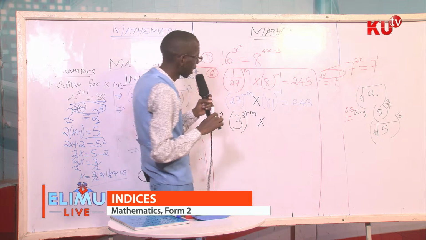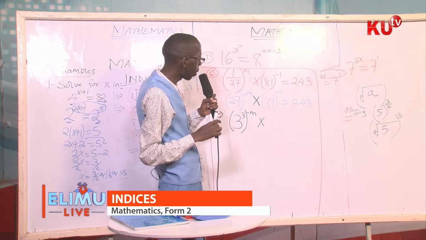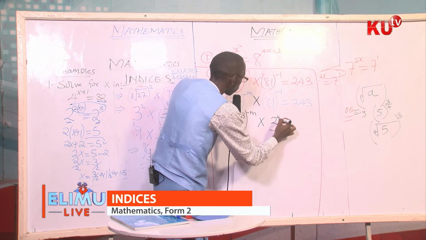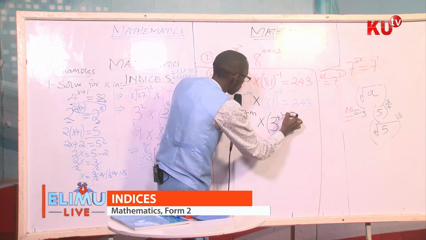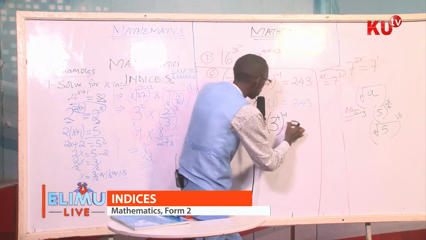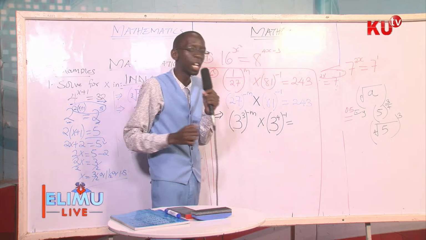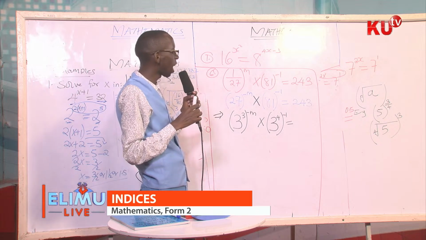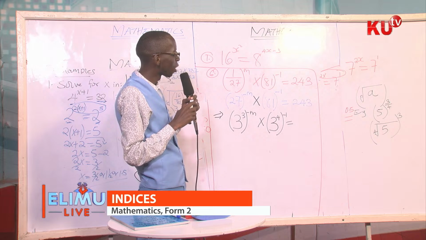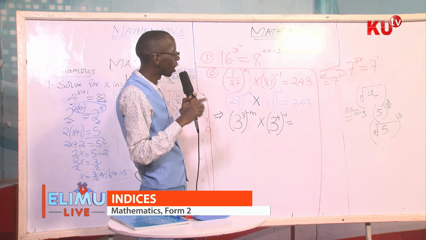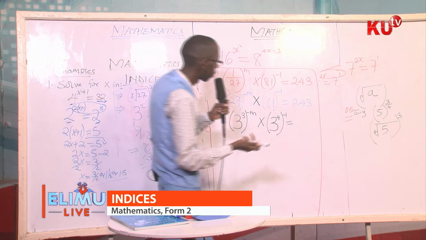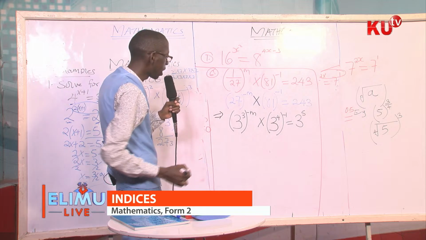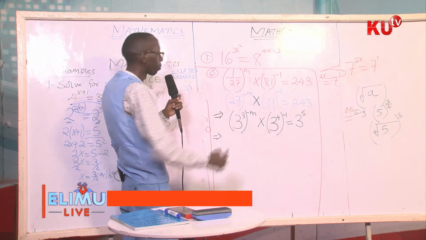My dear students, 81 is the same as 3 to power what? 81 is the same as 3 to power 4. Remember, there is a negative there. Is equal to 243, which is the same as 3 to power what? 3 times 3 times 3 times 3 times 3, which is 3 to power 5. The first step is making the bases the same.